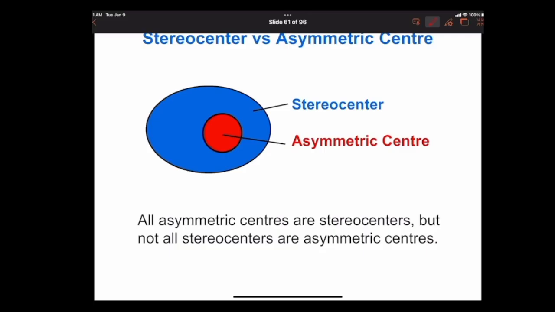By definition, any carbon that creates stereoisomers, we call a stereocenter. Carbons that create this sp3 shaped stereocenter get a special name. It is an asymmetric center. So all carbons that create stereoisomers are called stereocenters. Only carbons that are sp3 tetrahedral that have this particular geometry, we call asymmetric centers.